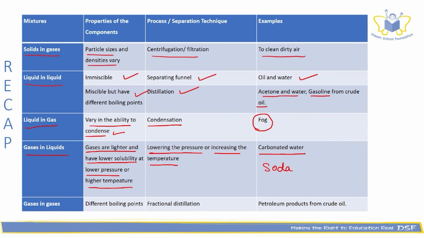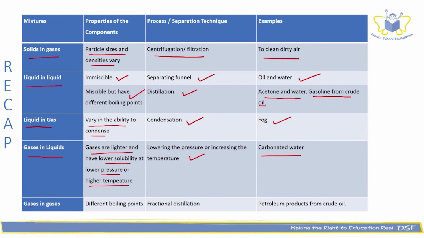So you can lower the pressure or increase the temperature to bring about a separation between gas in a liquid. Then gases with gases. Different boiling points is the property that we'll make use of. We will use fractional distillation, and the example is petroleum products from crude oil.